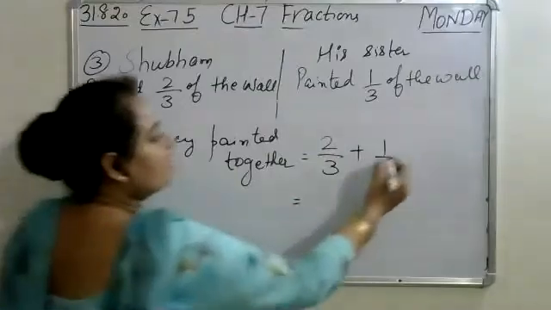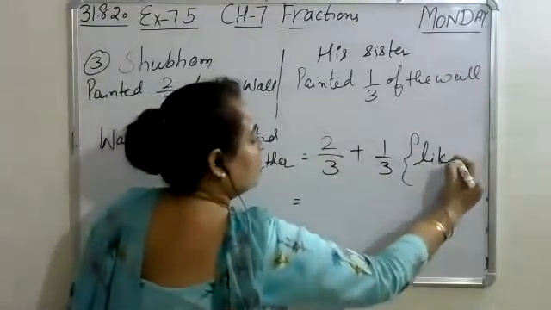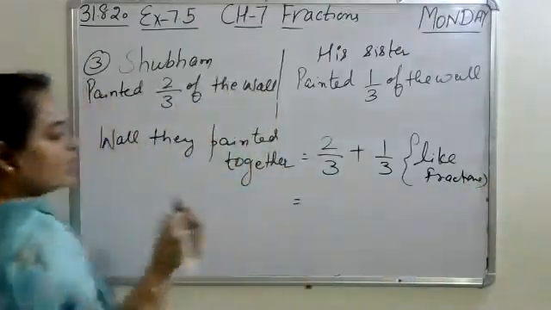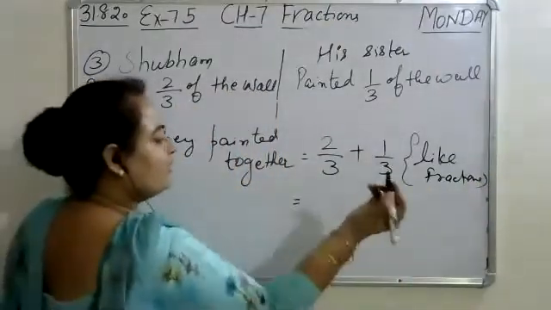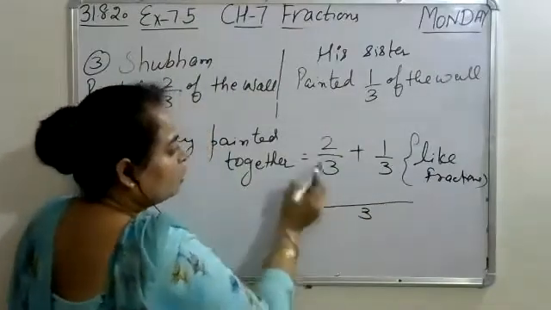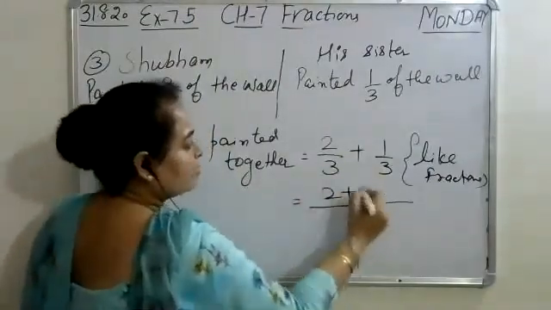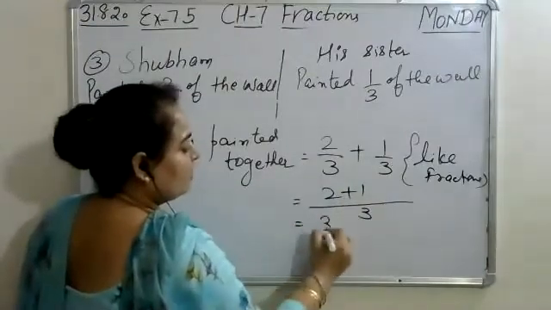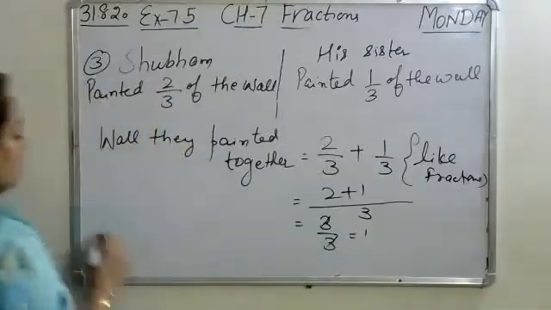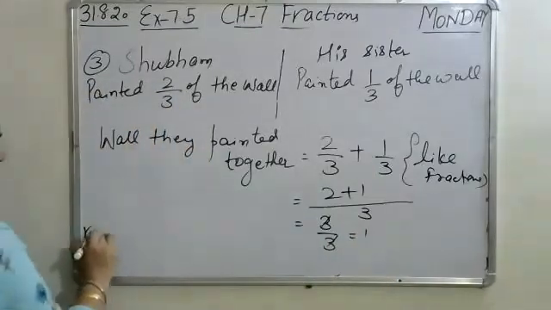Yes. Now, in like fractions, you will solve this simply. Denominator is 3. In the numerator, you have 2 plus 1. So 2 plus 1, 3/3. After cancellation, you will get 1. So here, you will write the result.